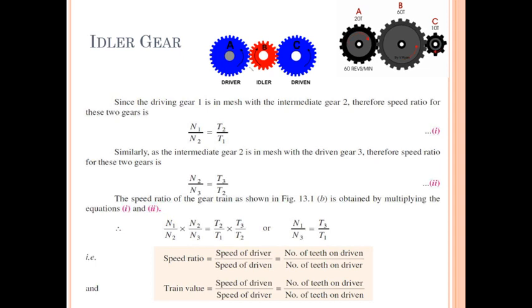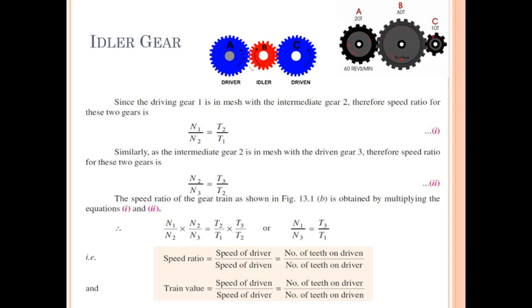Suppose in the figure A is the driver gear and C is the driven gear. If I have to transmit power from A to C, I can use the first method, where the two gears A and C are made of such large diameter that both mesh with each other.